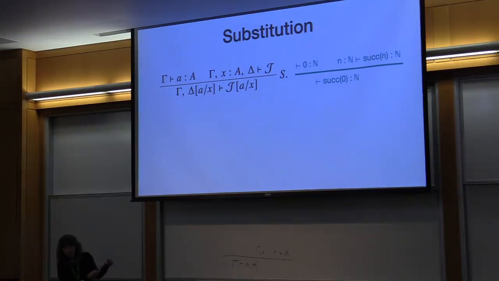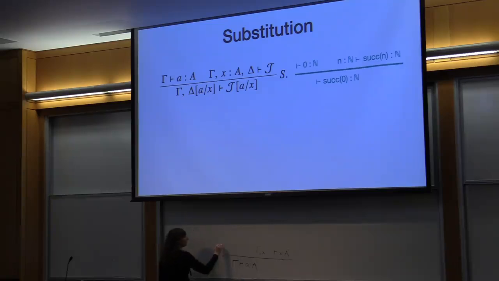Okay? So I'm substituting little a for x. I have to extend my gamma with x of some type, and we have to know that little a has to be of the type that I will write here. So which type should I write here?